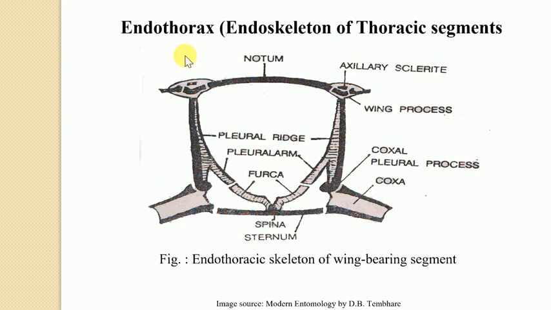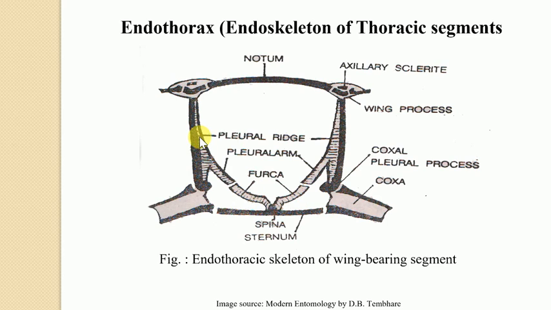The next topic is the endothorax, or endoskeleton of the thoracic segment. The endoskeleton of the thoracic segment is also referred to as the endothorax. A large number of apodemes are produced from the inside of the thorax from the exoskeletal elements, that is, the tergite from the dorsal side, the sternite from the ventral side and the pleurite from the lateral side.